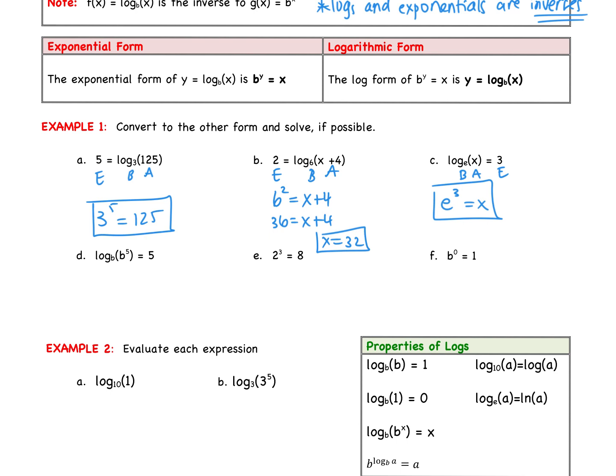Is this seeming familiar? Yeah? Okay, so then in D, we have base, argument, exponent. So we get b to the 5th is equal to the argument of b to the 5th. That's it. So again, that is exponential form. The other one is the log form.